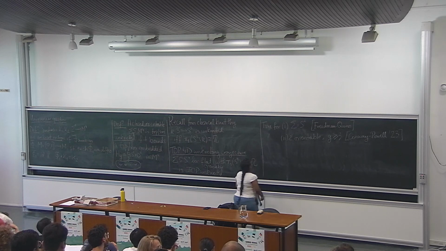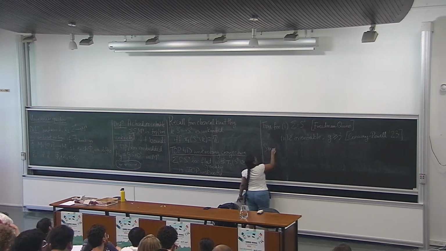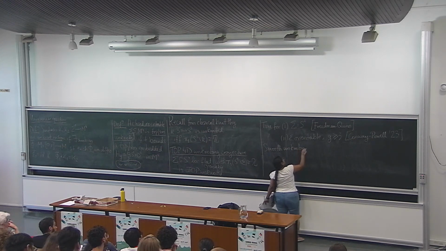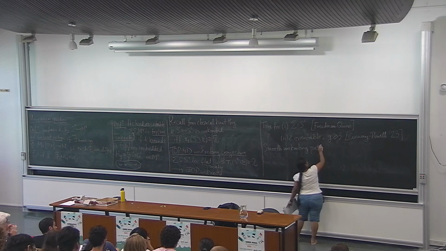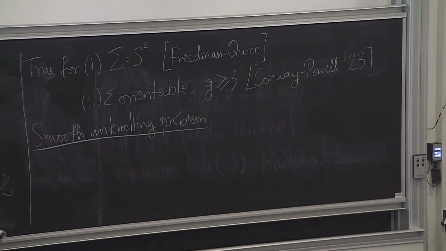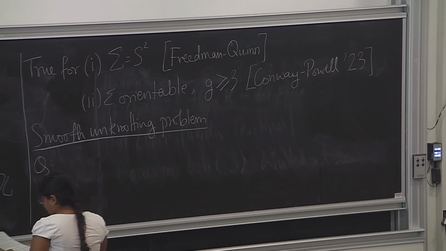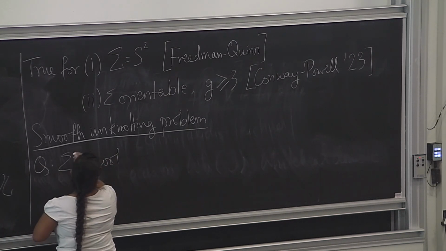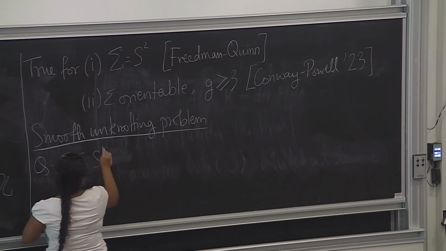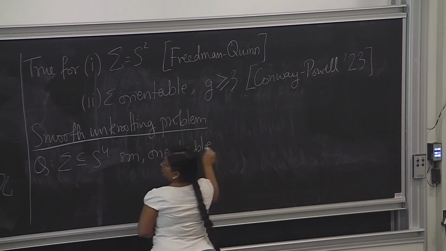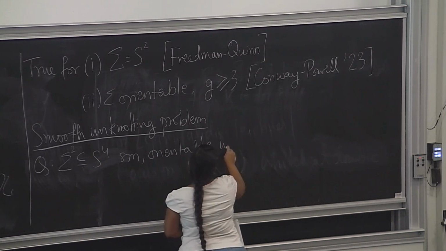Of course, there's a smooth analog. Let me state this one as a question. Suppose you have sigma, a smooth oriented surface, with pi1 cyclic.